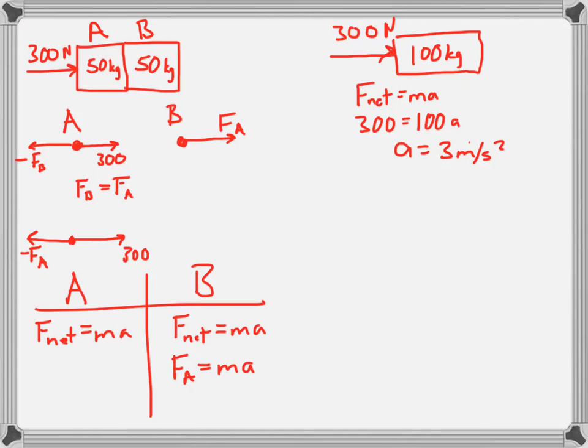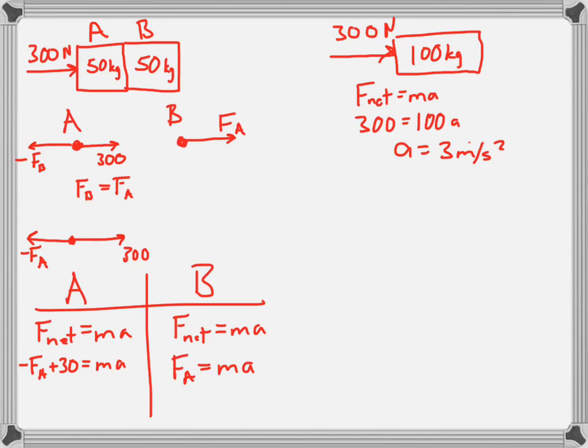And the net force of box A is this force plus that force, so we have negative FA plus 300 equals its mass times its acceleration.